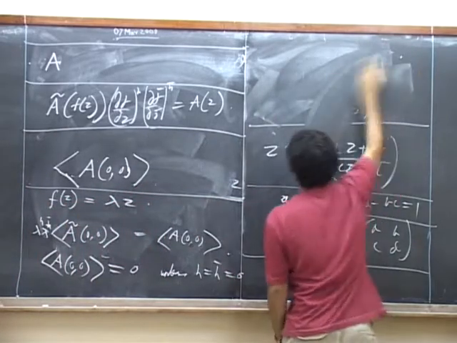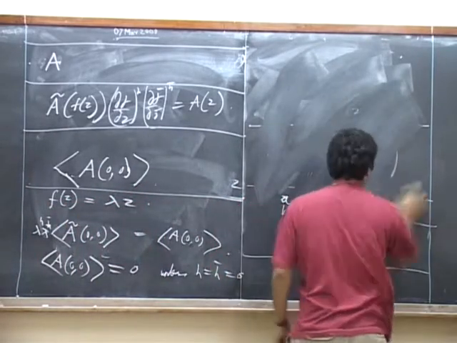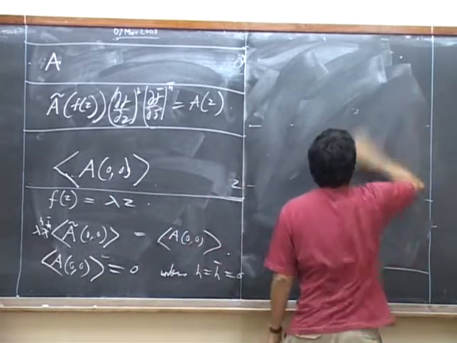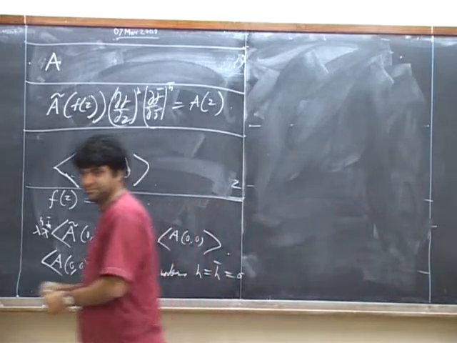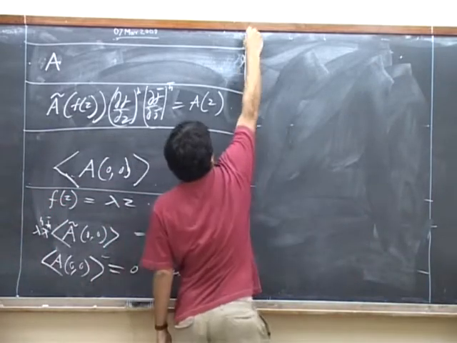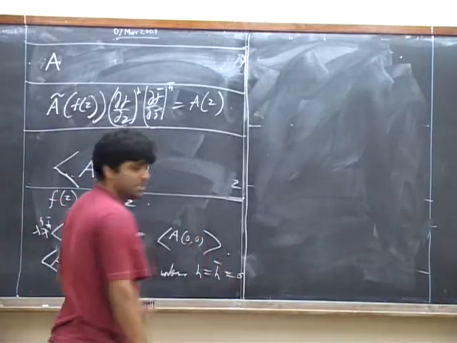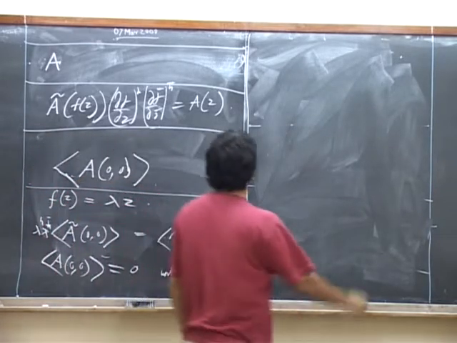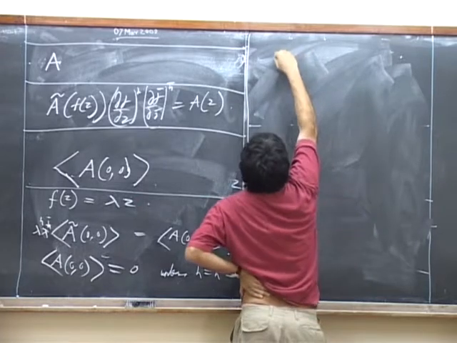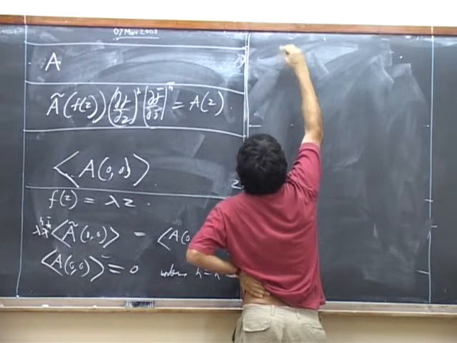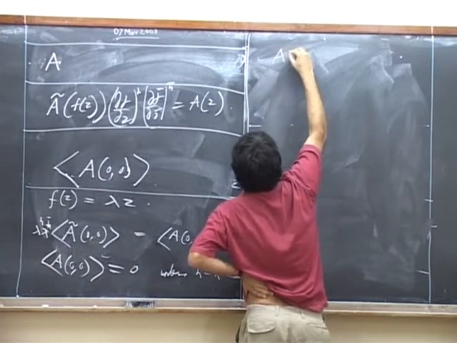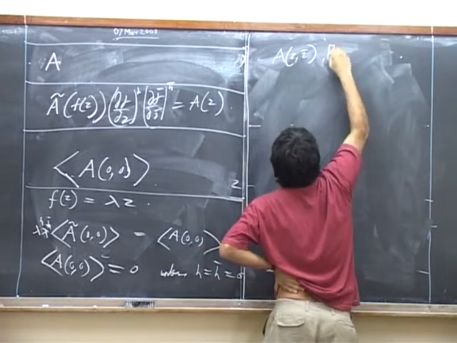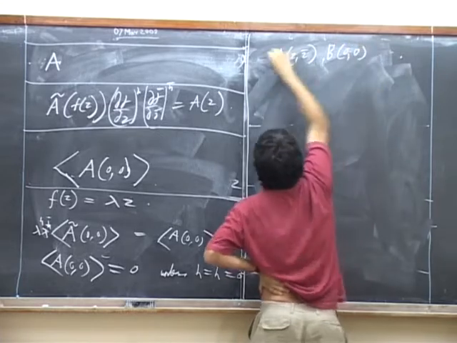The next thing we want to do now is to study the two-point functions of operators. So, let's study A(z, z̄) with B(0,0).